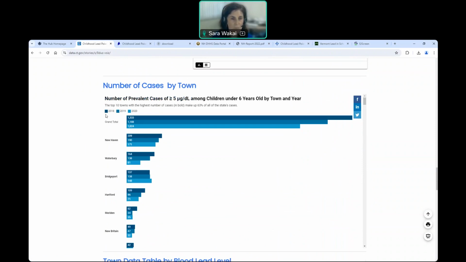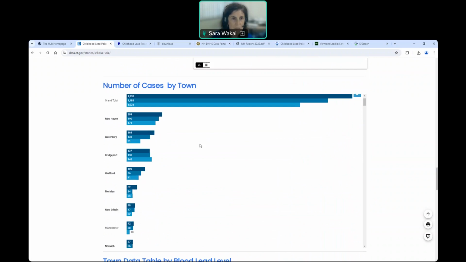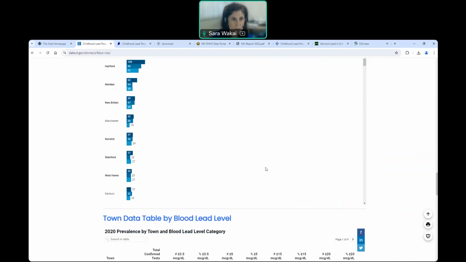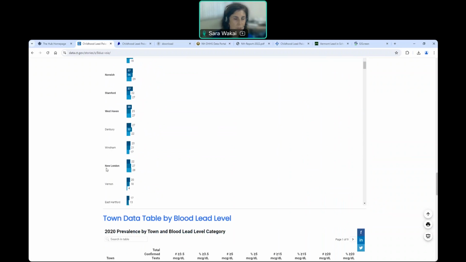It's for the years 2018, 2019, and 2020. As you can see, the top 10 towns with the highest number of cases are in bold, and they make up 63% of all the state's cases. So you're starting here with New Haven, and it goes down to West Haven, and New London is also in bold.